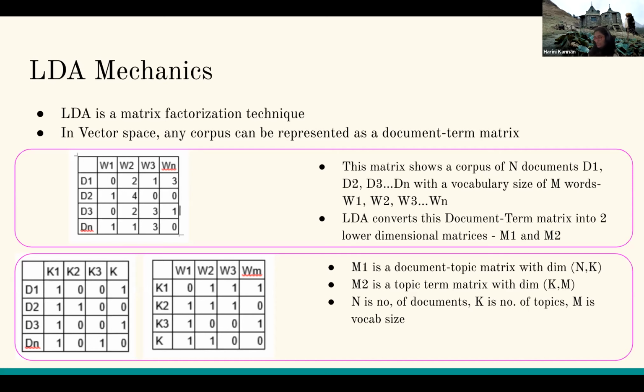LDA converts this document-term matrix into two lower dimensional matrices, M1 and M2. M1 is a document-topic matrix with dimension n by k. M2 is a topic-term matrix with dimension k by m. And n is the number of documents, k is the number of topics, and m is the vocabulary size.